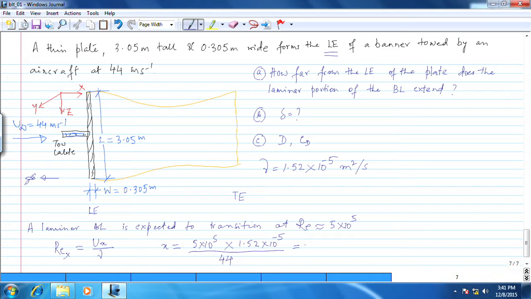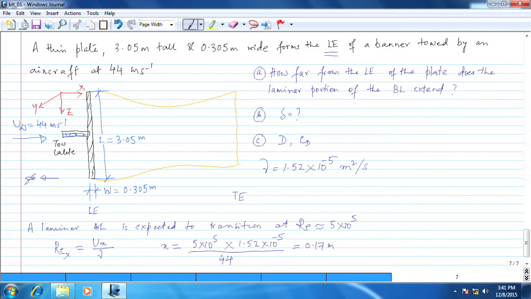And what we get is 0.17 meters, right. So, how far from the leading edge does the laminar portion of the boundary layer extend? Well, till about 0.17 meters, right, which is kind of less than half of the total width if you want to see this, right.